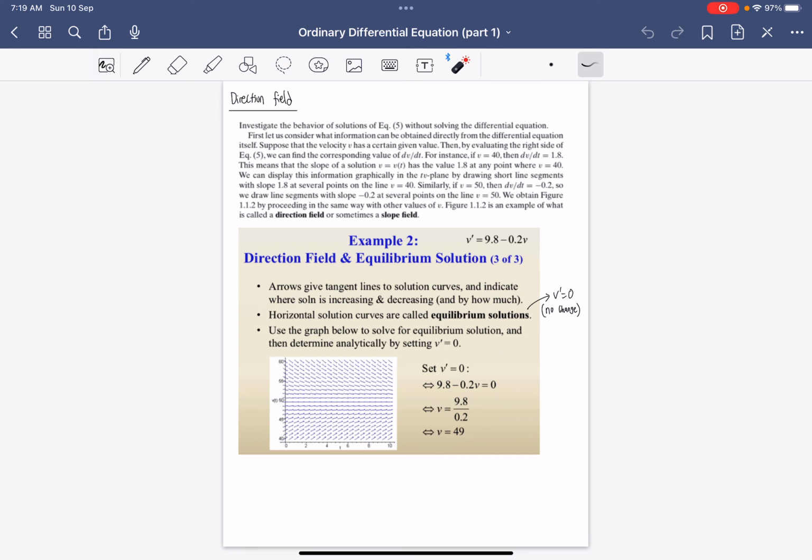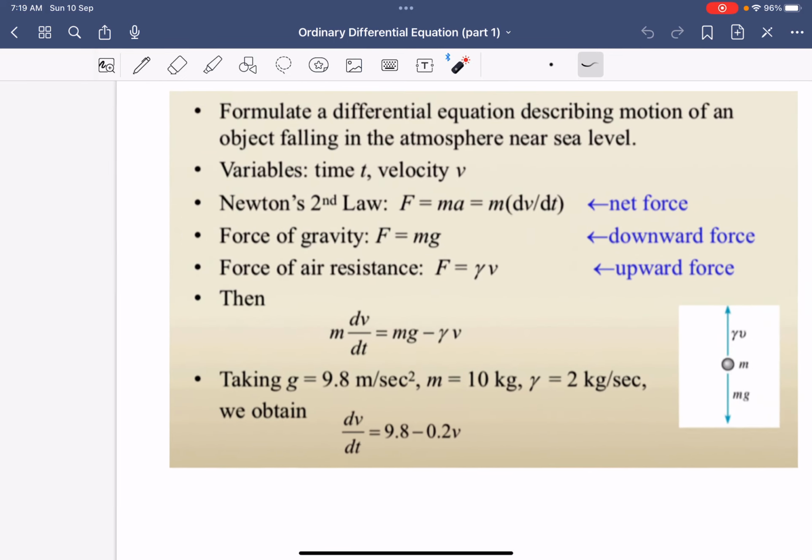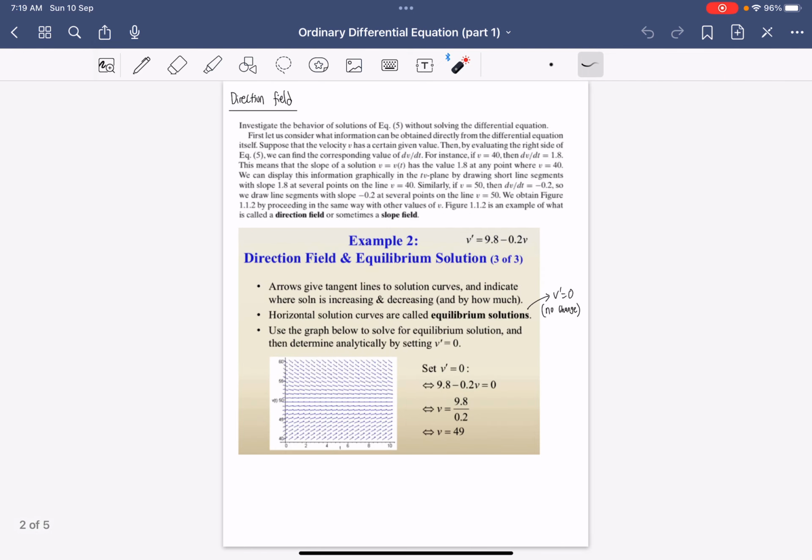More terminology that we need to build upon first is what is known as a direction field. Instead of finding the explicit solution to this equation, we can plot this dv/dt over v, and this allows us to find the direction field of the solution.